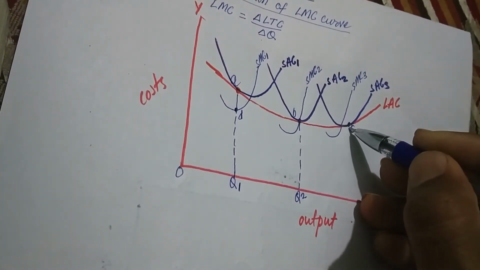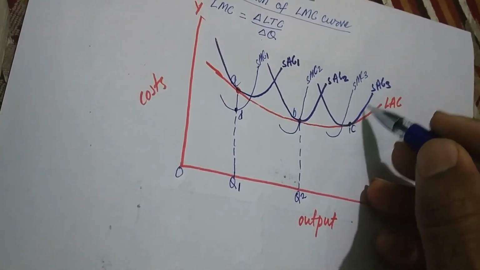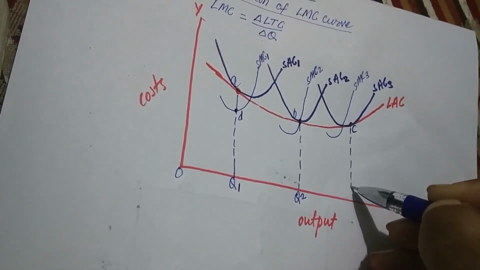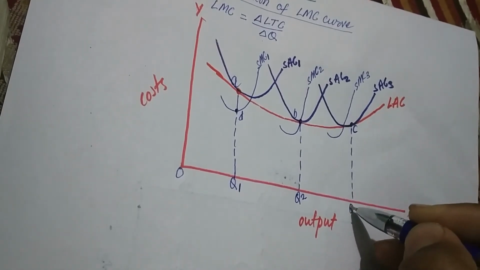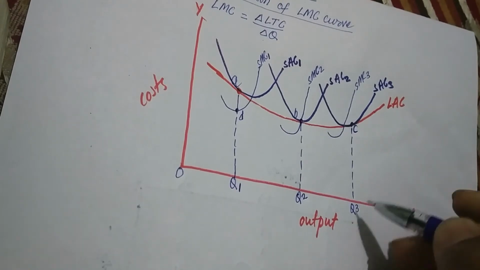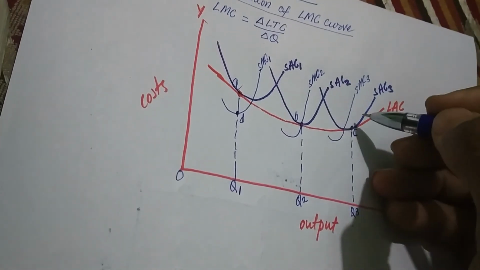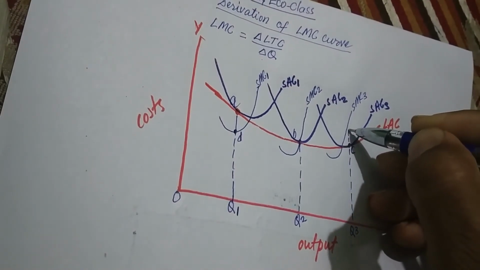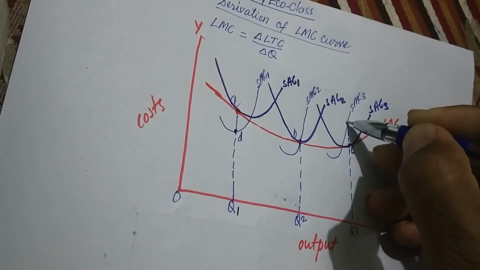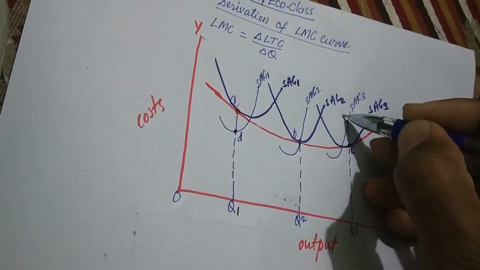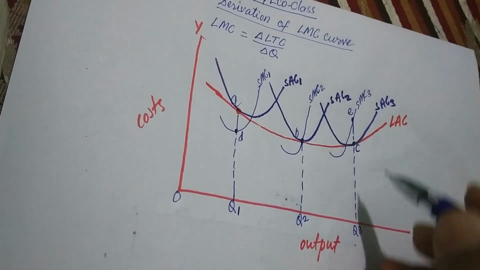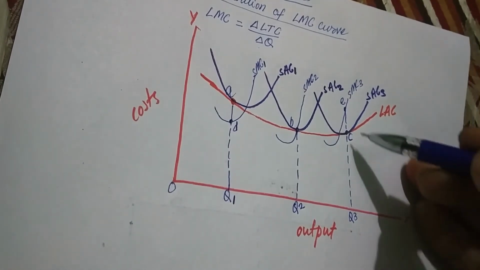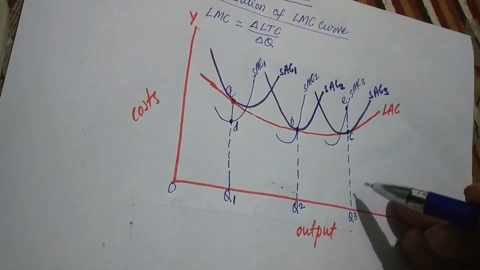Similarly, let us draw a vertical line from the point of tangency between short run average cost curve 3 and long run average cost curve to the x-axis, which shows the level of output equal to OQ3. For this OQ3 level of output, let's extend this line up to short run marginal cost curve 3; the short run marginal cost is equal to EQ3.